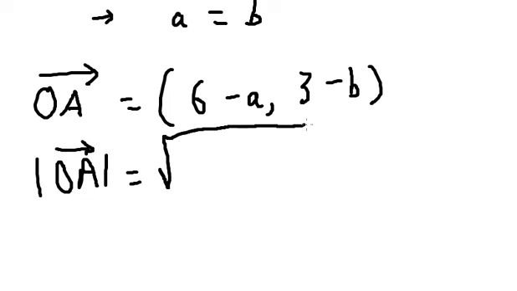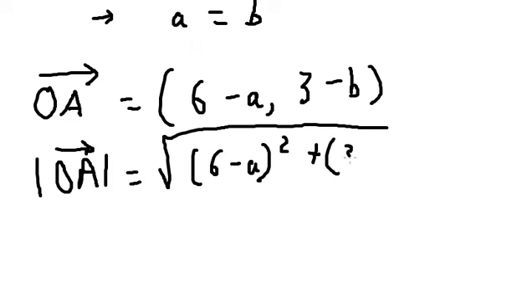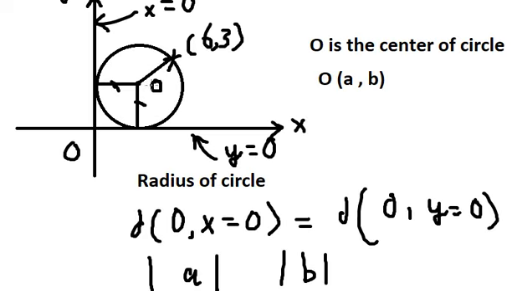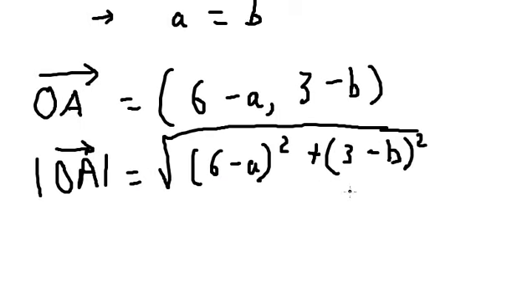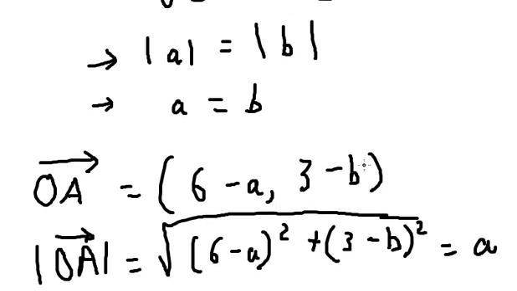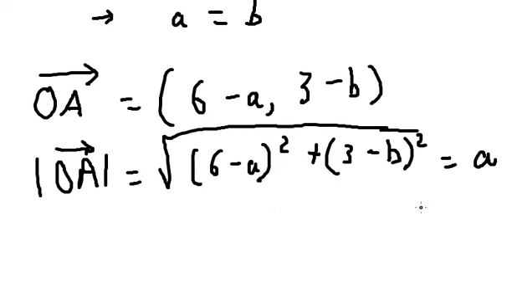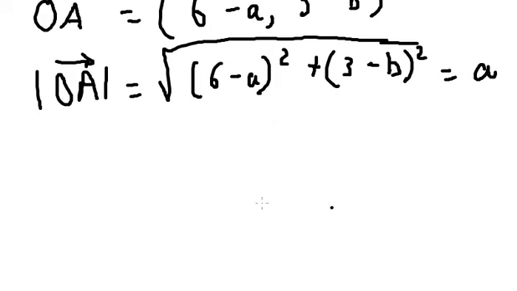We have the square root of (6 minus a) to the power of 2 plus (3 minus b) to the power of 2. And we know that the distance from O to this point, and from O to this one and this one, should be equal to a. And we know that a is equal to b, so we need to change b into a.